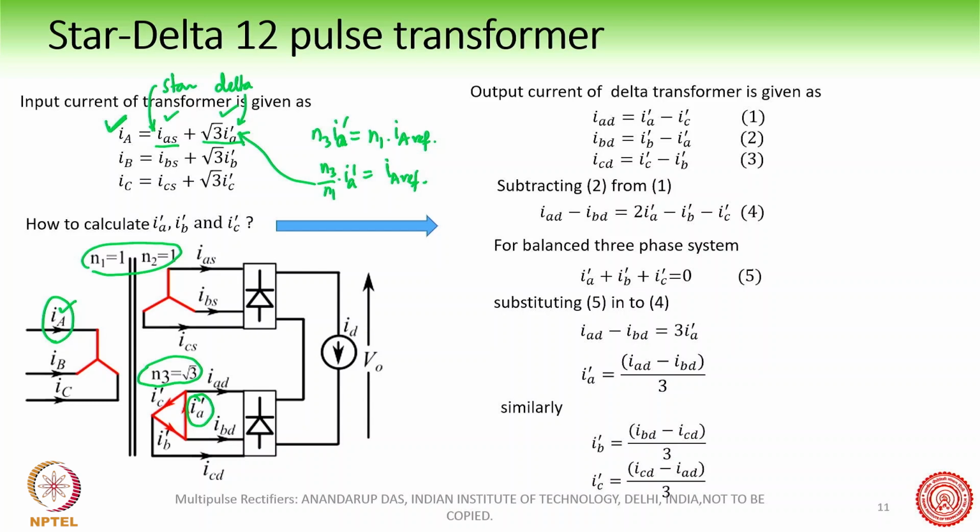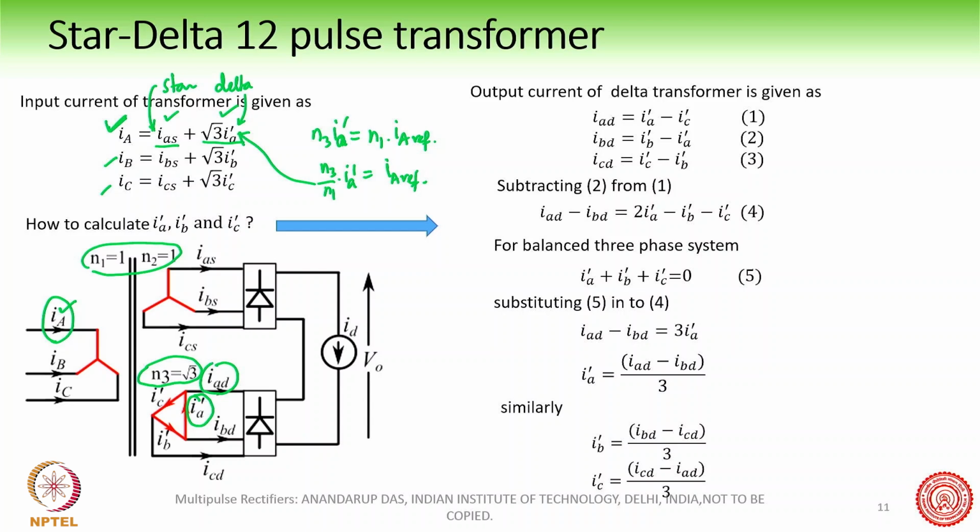Similarly, from symmetry we can also say IB and IC are exactly similar to it. Now let us see what this current, the IAD current, is. Let us find out this current.